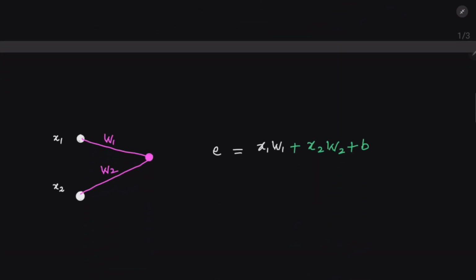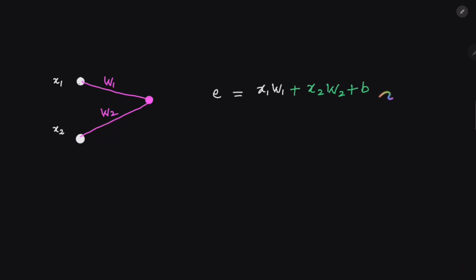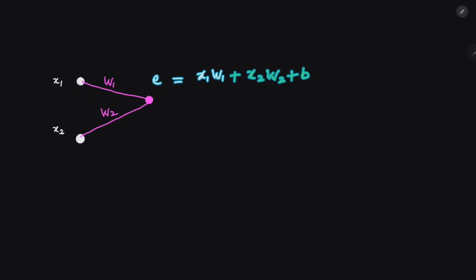So we have added the bias term over here. So the output will be equal to E in the summation form. But we know that to decide whether this neuron is activated or not, we have to apply the activation function over here.